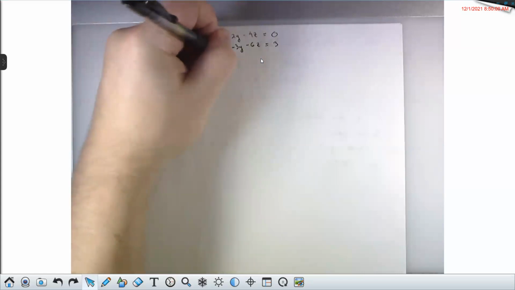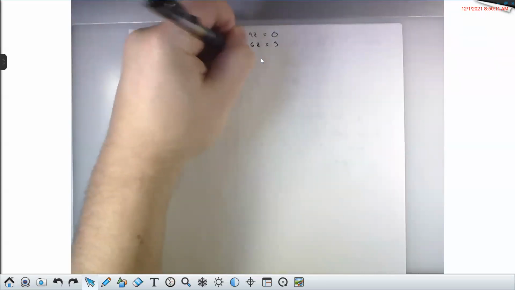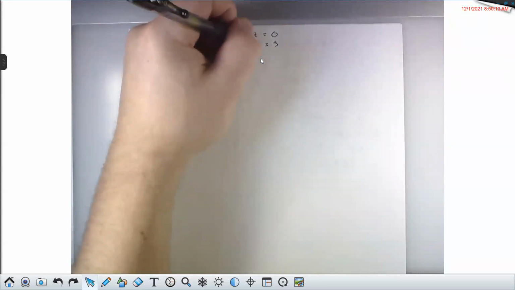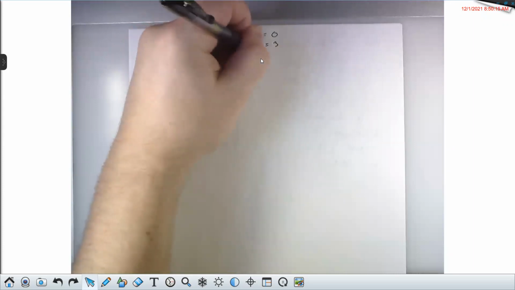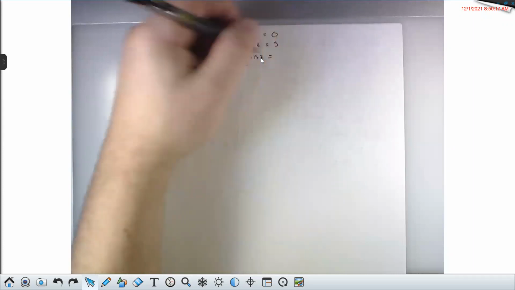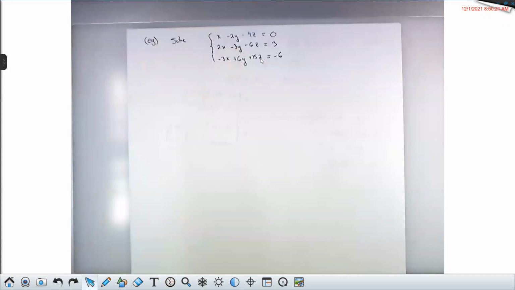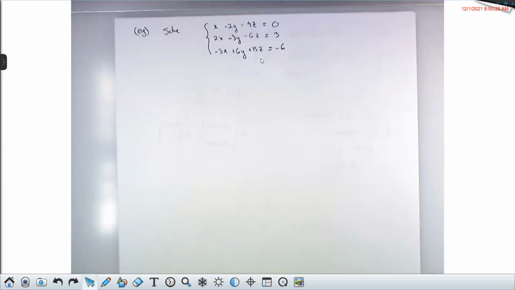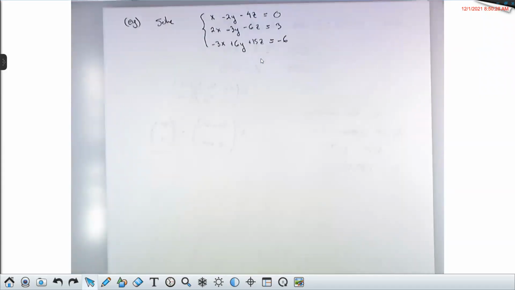And negative 3x plus 6y plus 15z equals -6. And we're going to do this in the same fashion we solved the last system. We're going to write out the matrix equation.